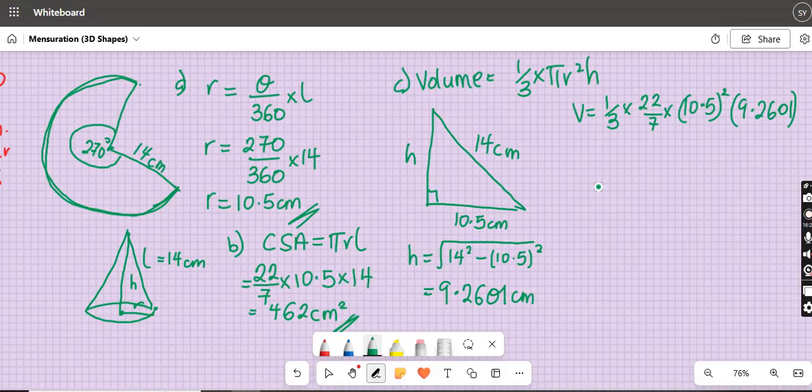All right, let's compute that together. 1/3 times 22/7 times 10.5 squared times 9.2601. So you punch it into your calculator. What do you get?